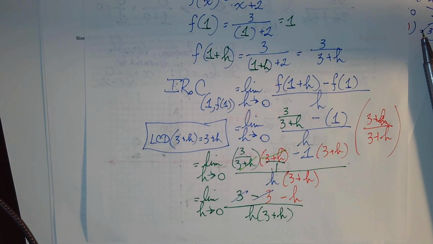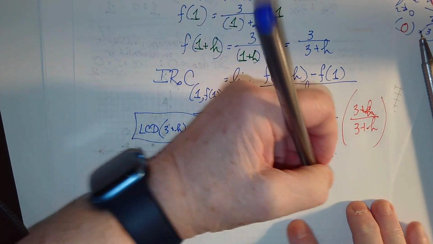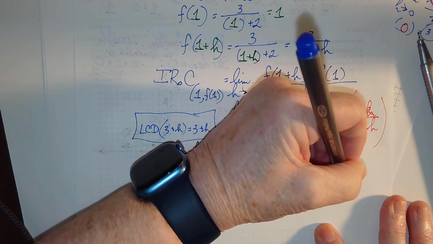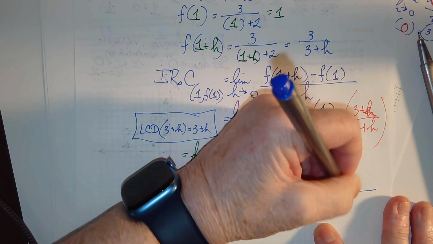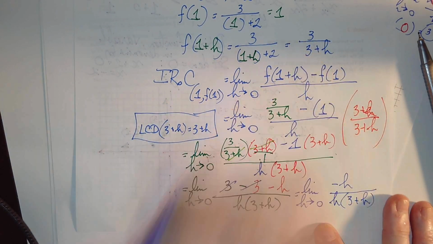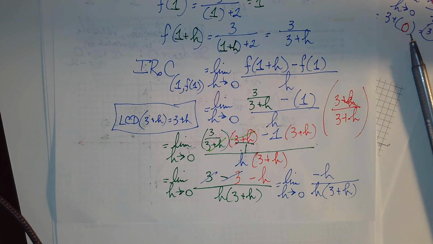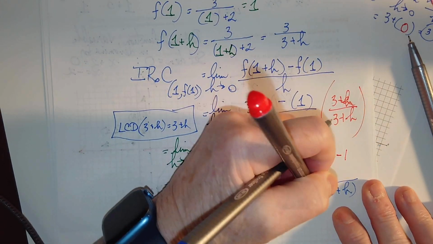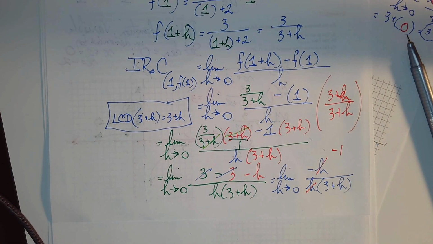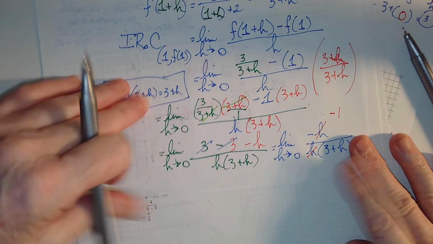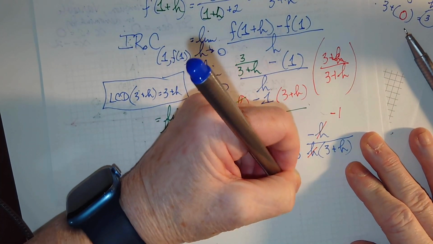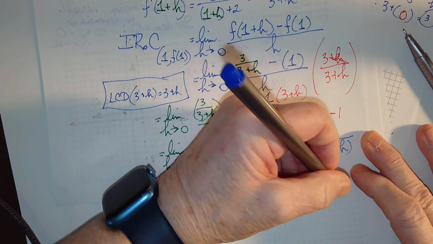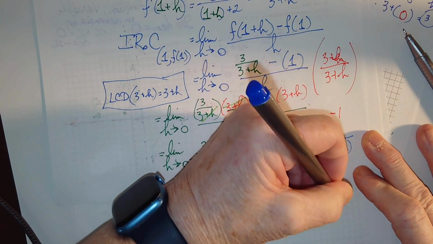All we have left in the numerator now is this negative h, so I've got the limit as h goes to 0, negative h divided by h times 3 plus h. Now we can divide out those h's. In the numerator, we have negative 1 left. In the denominator, just 1. So we have the limit as h goes to 0 of negative 1 over 3 plus h.